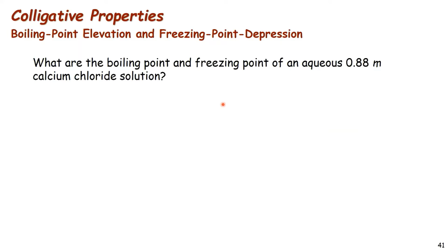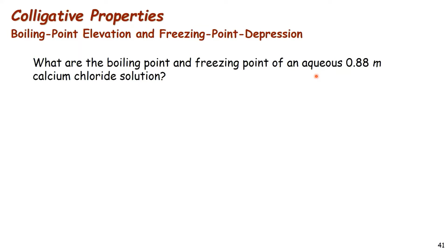So we already know the freezing point depression constant is 1.86 and the boiling point elevation constant is 0.512 degrees Celsius per mol. But what is the Van't Hoff factor? So let's see. I'm trying to pick on all of you equally. Hannah, what is the Van't Hoff factor for calcium chloride? That would be 3. Exactly, right?